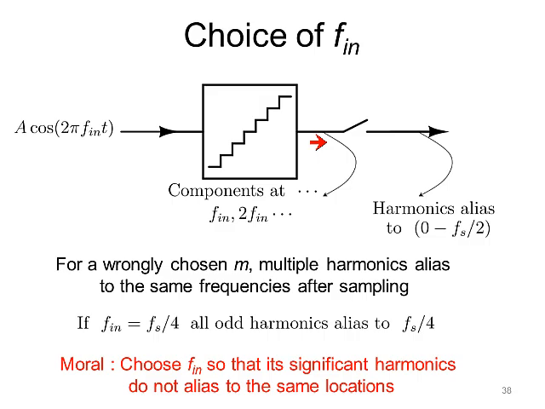So the third harmonic is 3Fs by 4. It aliases to Fs by 4, which is the same as the input signal. And therefore, this is why we are seeing zero distortion, even though we have a very bad quantizer. So the moral of the story is therefore to choose the input frequency so that its significant harmonics do not all alias to the same locations.